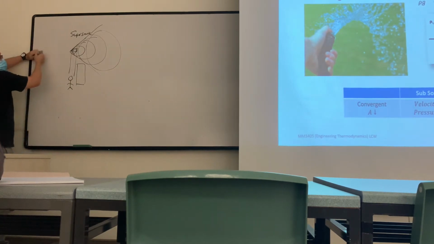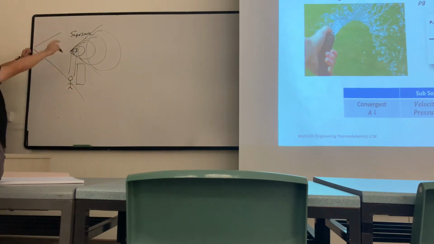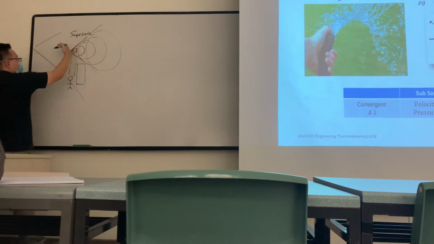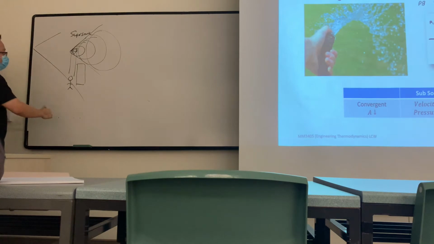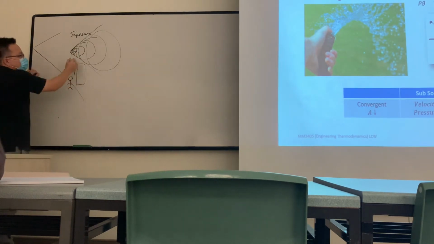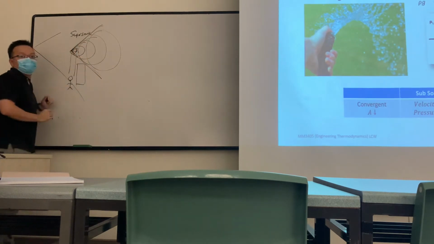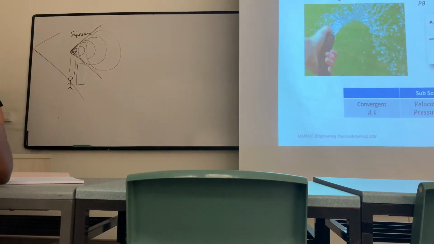When it flies past and you become inside the V, the shock wave. This means that you have to wait until the plane flies past, maybe quite a distance already, then only you can hear. First, you must be inside the shock wave, then you can hear it. All clear on this side?